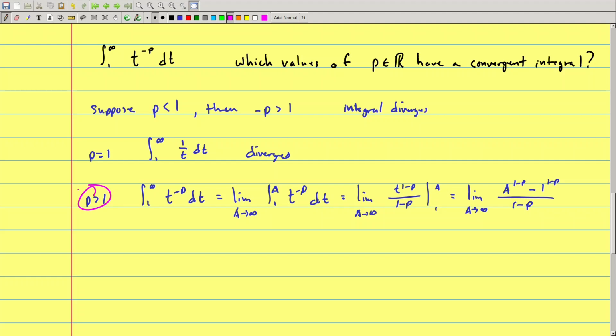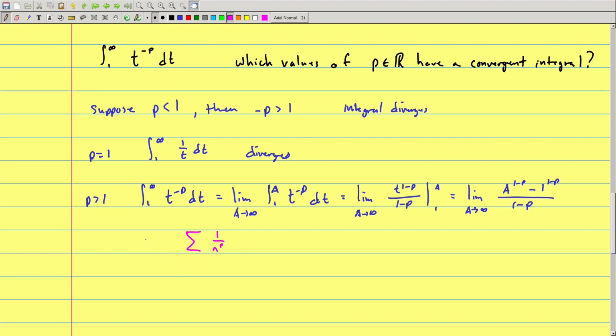Because we could have found, for instance, that p has to be like less than 5 or something, right? Greater than 1, but less than 5. It turns out any p greater than 1 is okay. Now, this idea right here should, of course, remind us of this kind of expression right here from p series, right?